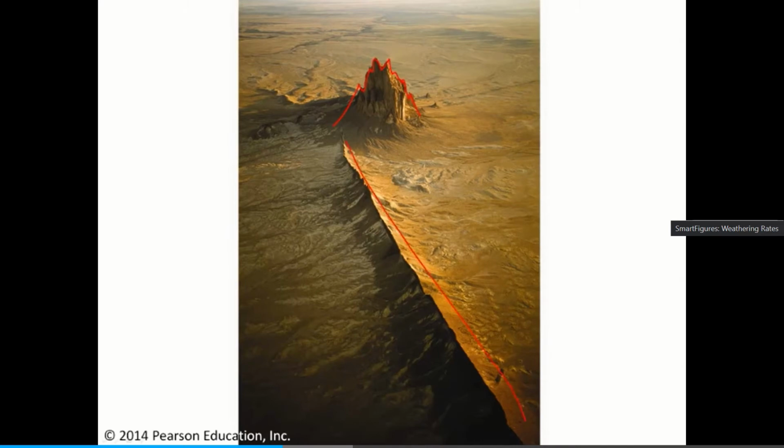And then there's a very prominent dike where igneous rock has filled in a crack in the surrounding rock. There's another dike over there. And those igneous rocks are basically standing up tougher to weathering than the surrounding sedimentary rocks they cut across. So all the rock around them is weathering away at a faster rate, and as a result, the igneous rock pokes out of the landscape because it's weathering away more slowly.